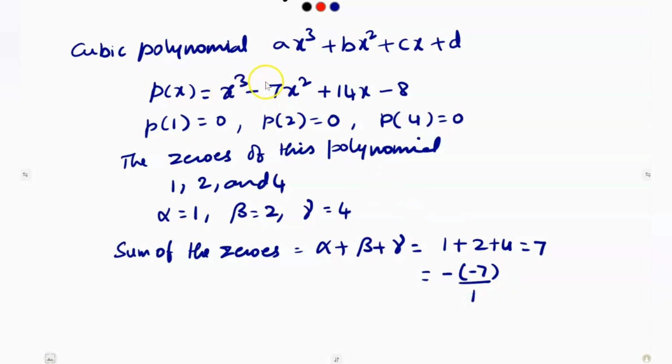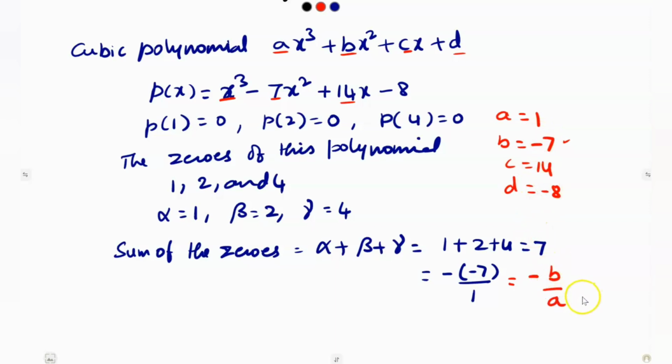If you compare this with the general form, a is equal to 1, b is equal to minus 7, c is equal to 14, and d, the constant term, is equal to minus 8. So if I observe this, minus of minus 7 is nothing but minus b, and 1 is nothing but a.